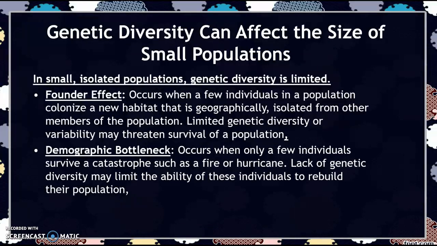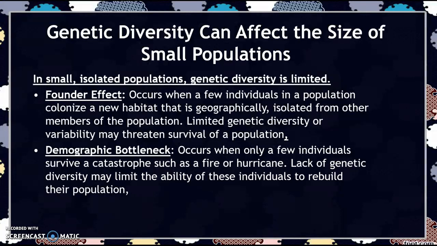Genetic diversity can affect the size of small populations a lot more than large populations, because when we have these small isolated populations, genetic diversity is limited, and it can be due to a couple of things. First, we have the founder effect, and this occurs when a few individuals in a population colonize a new habitat that's geographically isolated from other members of the population.